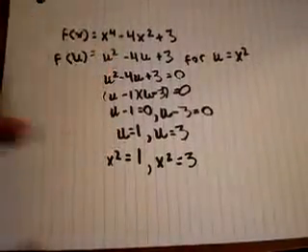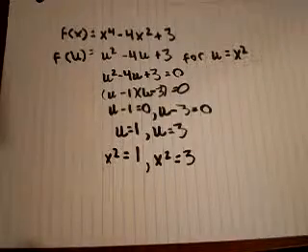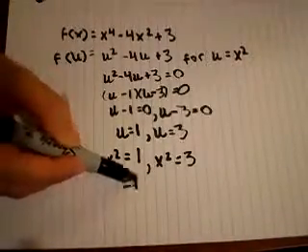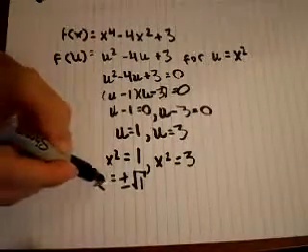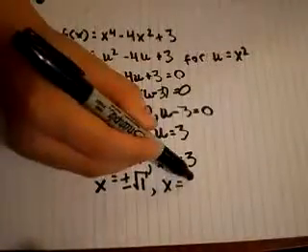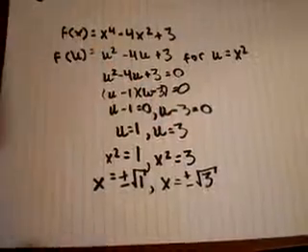Solving for x now, how do you get rid of a square? Anything special about your square root? Plus or minus the square root of 1. Same thing over here, plus or minus the square root of 3.